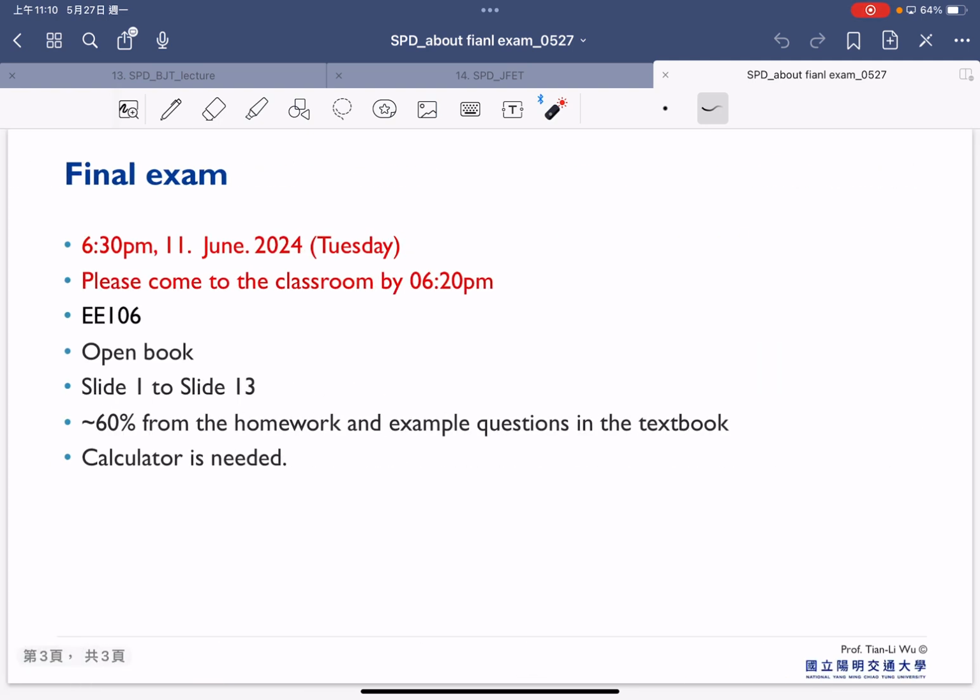First of all, the final exam will be on June 11th at 6:30 p.m. It will be in this classroom, but you need to come 10 minutes earlier, because we need to divide the students into two groups, one in this classroom and one in the next classroom. It's an open book exam, so you can bring anything you want.